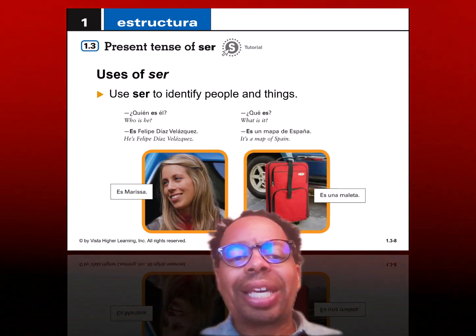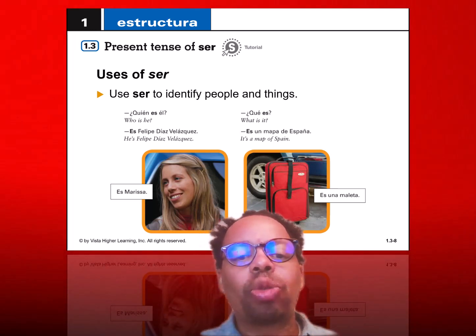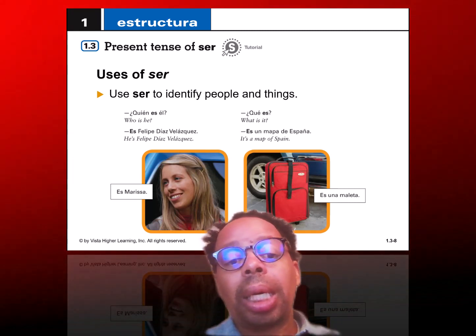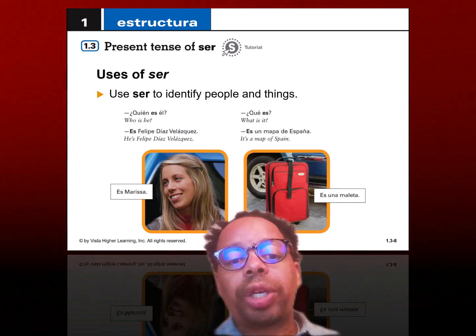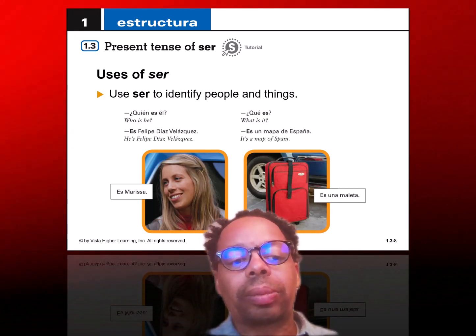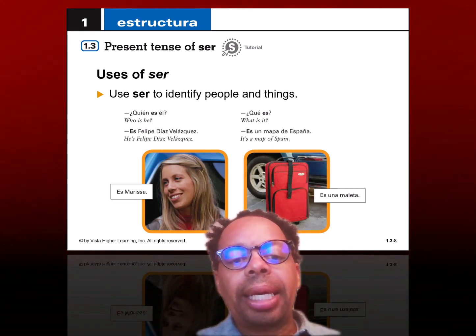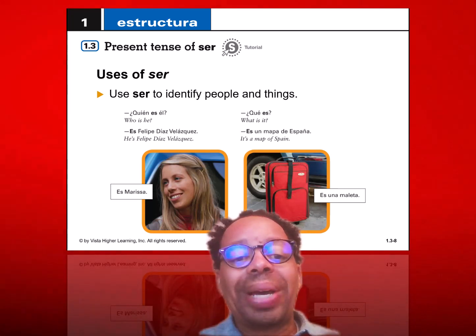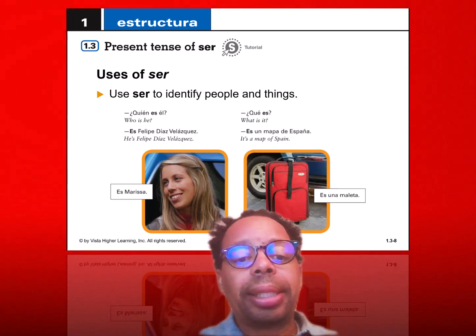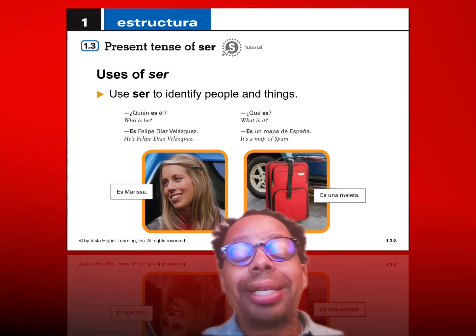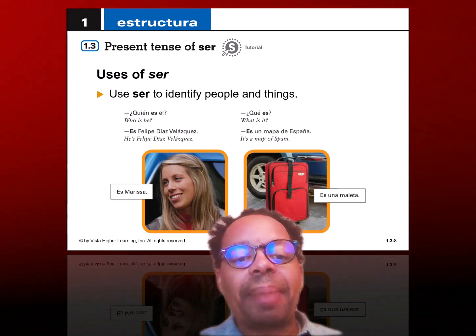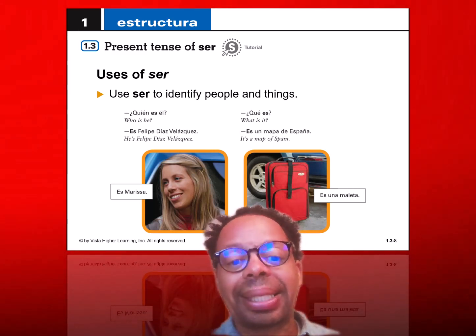Looking at the next column, ¿qué es? Es un mapa. Es un mapa de España. With this one, using the verb es un mapa. Bueno, notice that we use the masculine singular indefinite article un mapa, even though mapa ends in a.